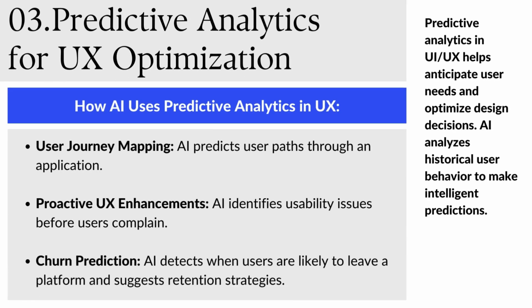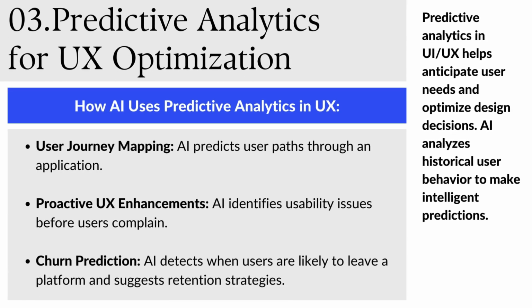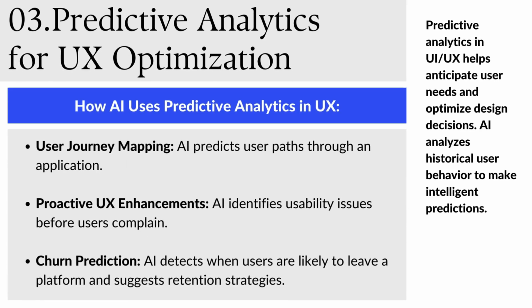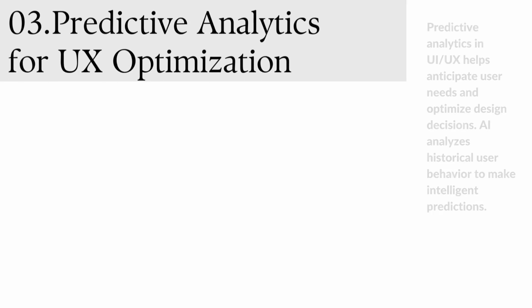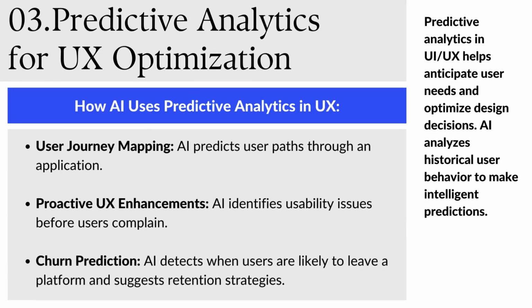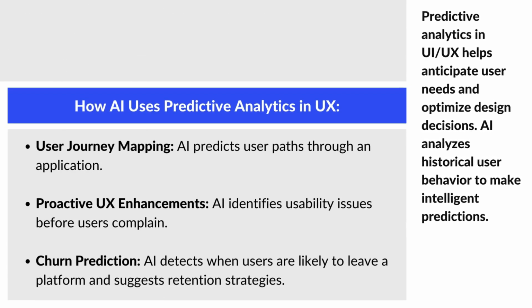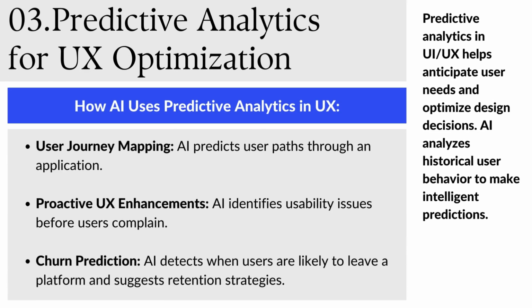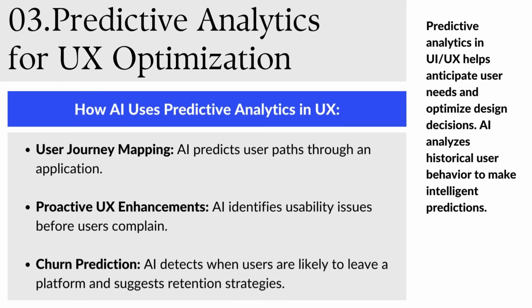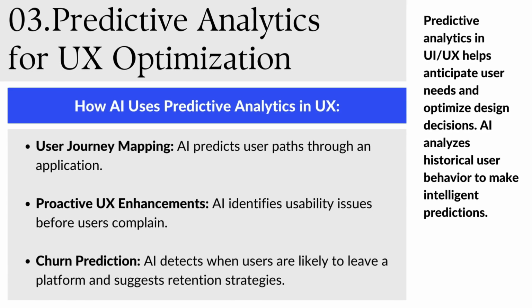Next is what we call churn prediction. With this, AI detects when users are likely to leave a platform and then suggests retention strategies. And that's beautiful, guys.